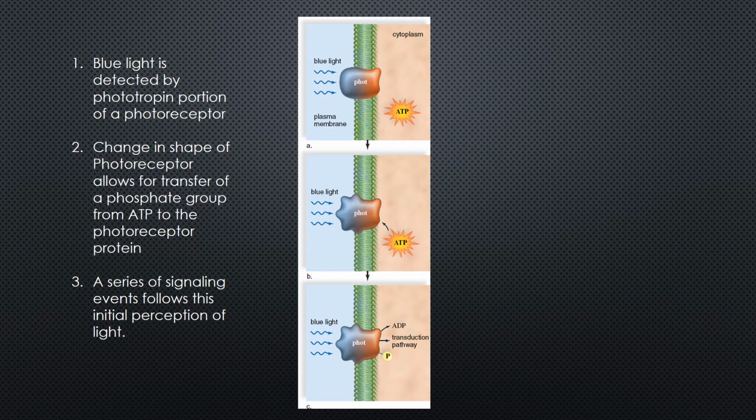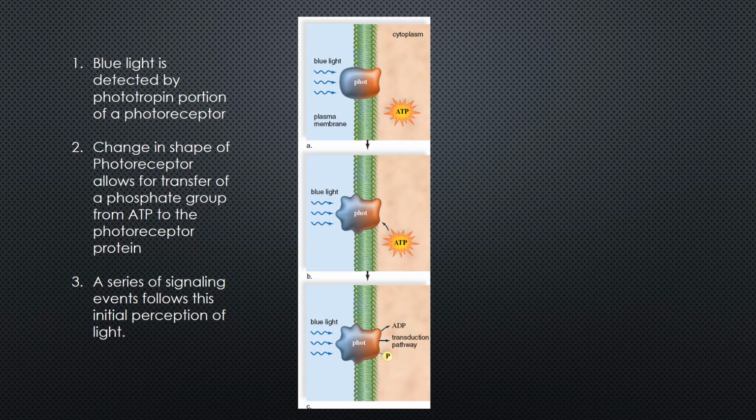So there's a shape change in the photoreceptor, and when that happens, that allows for a transfer of a phosphate group from ATP to the photoreceptor protein. And then that starts a transduction pathway.